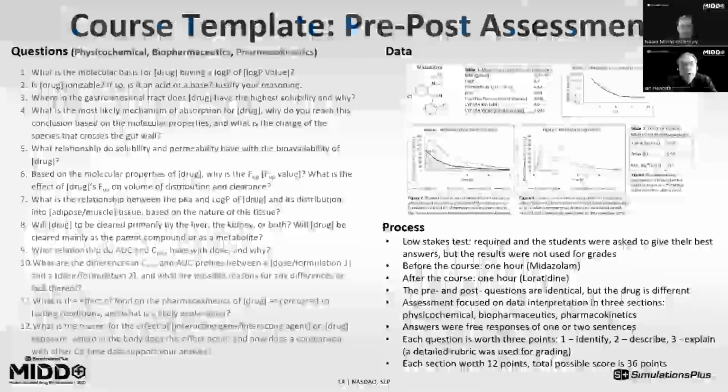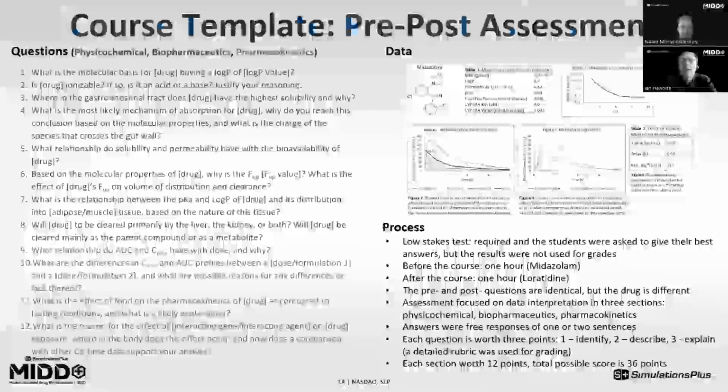So in order to assess that, we came up with a pre-post assessment that is very much based on examining that understanding. Just to take you through this somewhat briefly, we created a data sheet. This is for midazolam. In the top left corner, it's a combination of some physicochemical properties, a little bit of metabolic information in the table.